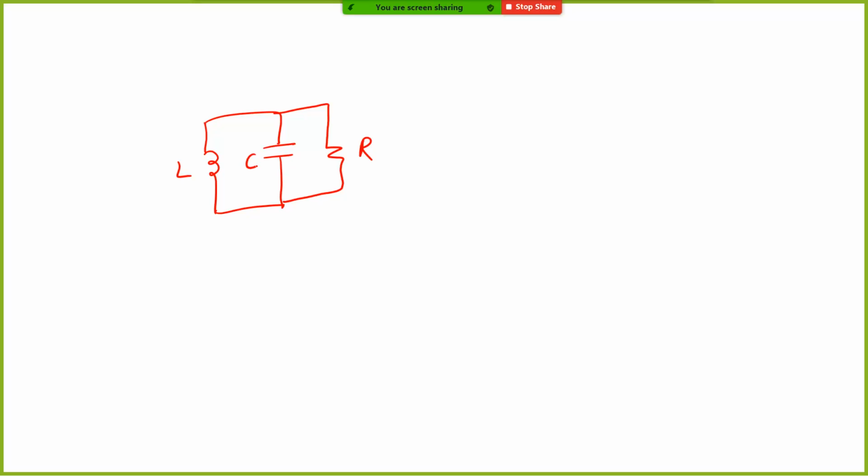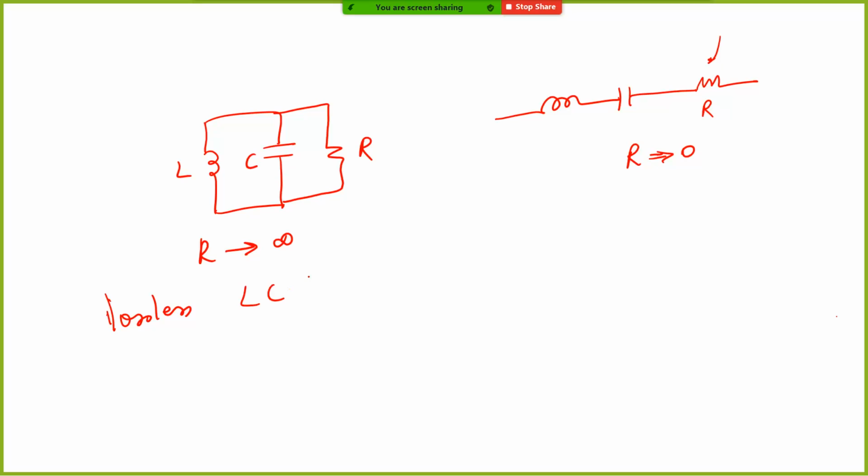It can be captured as a shunt R. In the same way, in a parallel RLC circuit, this R can represent the loss in the network. So if R tends to infinity here, and R goes to 0 there, you have a lossless LC tank circuit. All of you are familiar with LC tanks, right?